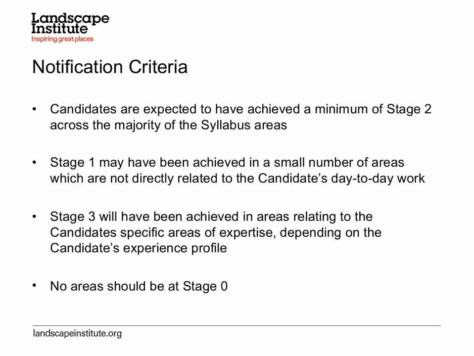Now, the criteria for notification are in the guidebook and have changed quite extensively, well, moderately at least, since the syllabus was updated, because the stage definitions have also been updated. We're not going to go through the stage definitions in this particular webinar, but I would encourage you to look at the Introduction to Pathway 2.0 webinar on YouTube.